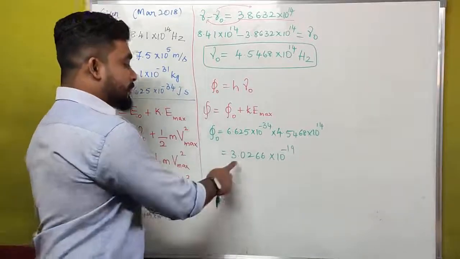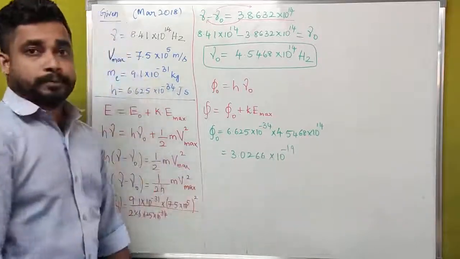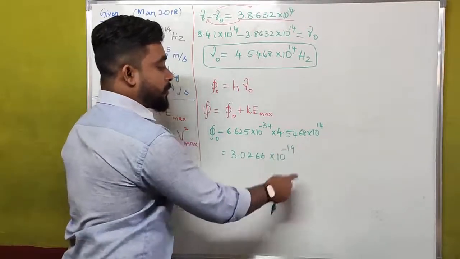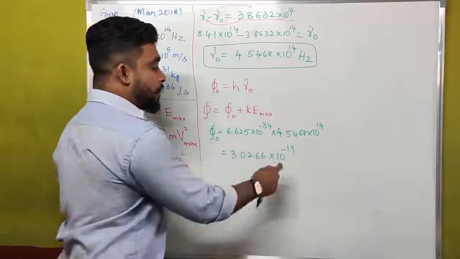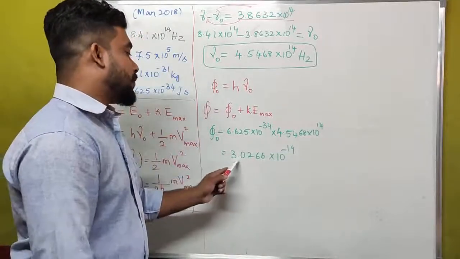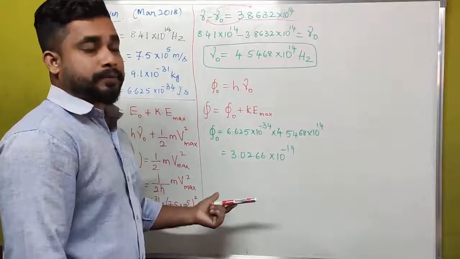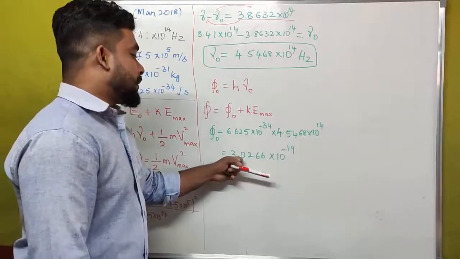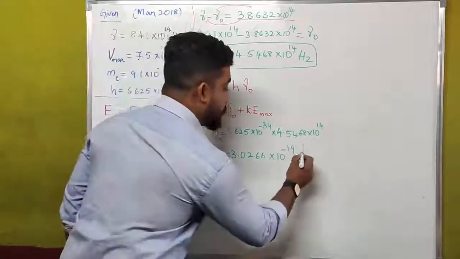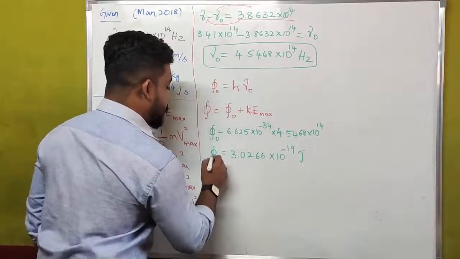Minus 20 means this has to be 30.266 into 10 to the power of minus 20. But I want the answer in terms of minus 19. That's why I have shifted one point to the left side. Then it will become 3.0266 into 10 to the power of minus 19 joules. Actually, this is in terms of joules.